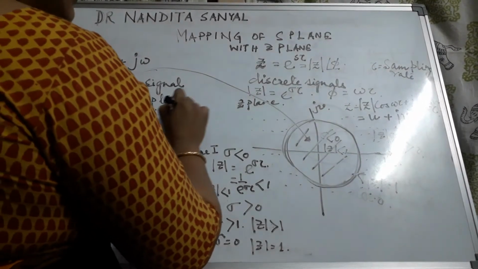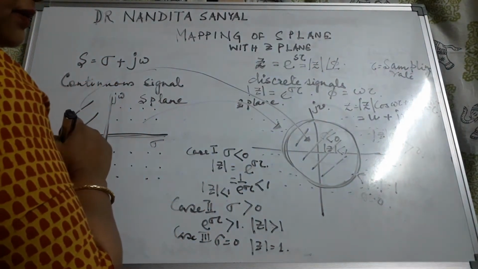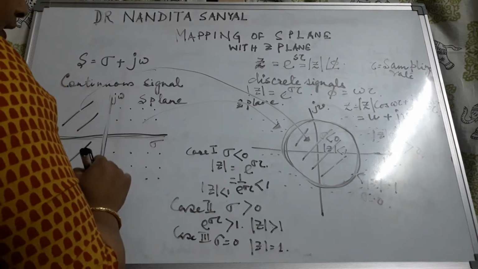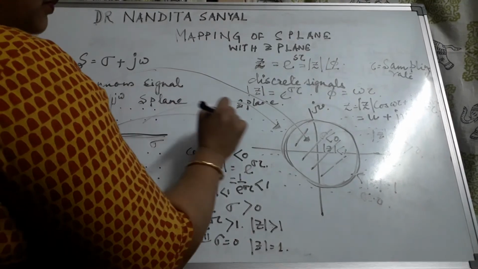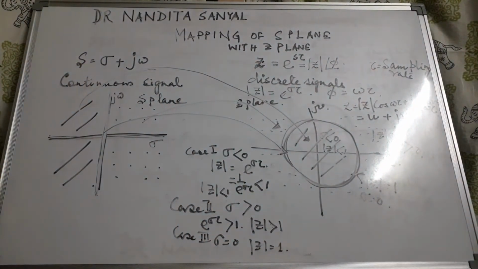Poles in the right half can be mapped in the exterior of the unit circle, and the poles on the imaginary axis will be placed at the periphery of the unit circle. This is the mapping of the S-plane into the Z-plane.